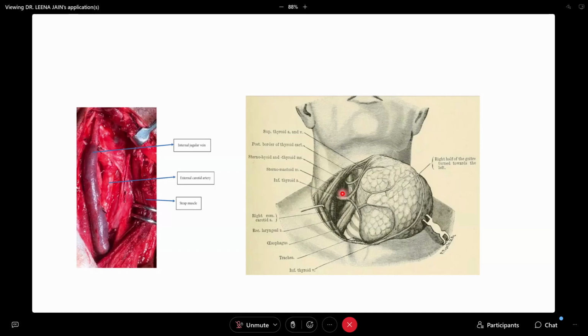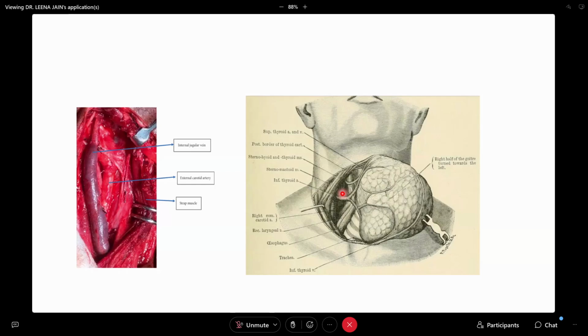But when the goiters are very large, very huge, the midline approach becomes difficult. And in revision cases also, it is difficult to do from the midline approach, because the midline would have been distorted by the previous surgery, and you could not find the true midline. So it is better to go with the lateral approach.